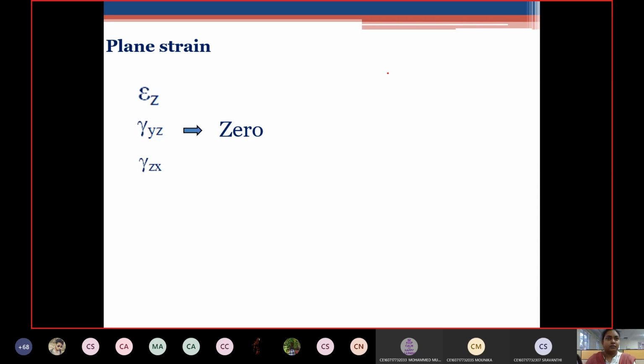The other example you can take is a gravity dam, the same possibility, where in one direction you cannot find any strain, whereas in the other 2 directions you can. That is simple.